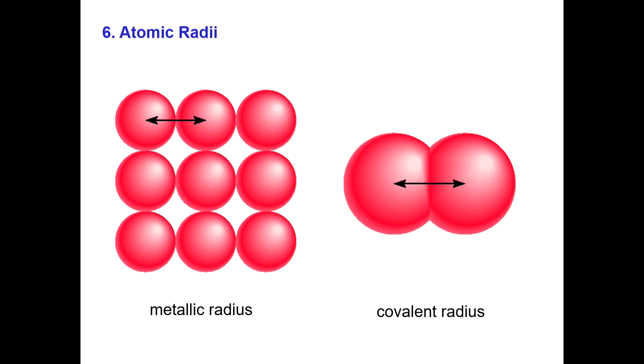But we know for non-metals, the structure is not like this. For example, some gases are compounds, meaning they have more than one element. In this case, these two atoms can be the same.